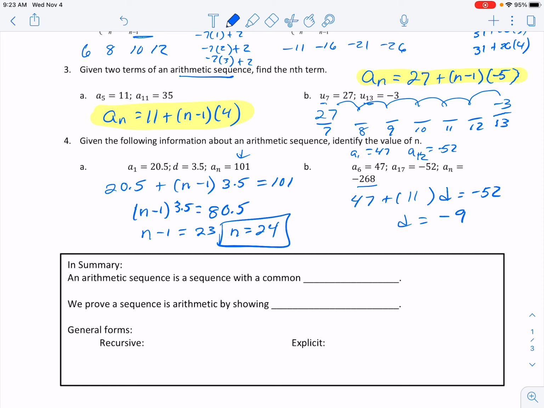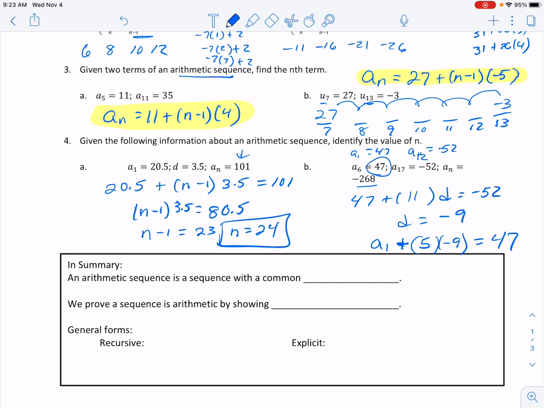We need the first term. So this is a big problem. The first term is A1 equals 11, plus 11 times negative 99. Oh, no, equals 47. Sorry. This is an 11. It's the sixth term. So to get from, this should be 5. Ugh. Okay.